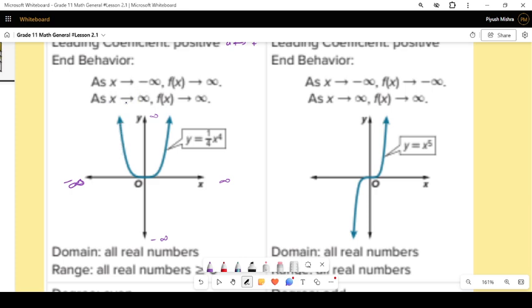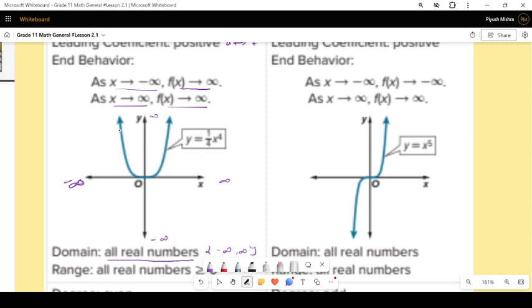So when x is going in the minus direction, f of x goes in the plus direction. Same way, when x is going in the positive direction, f of x is also going in the positive direction. So I can say domain is from minus infinity to plus infinity, or simply all real numbers.